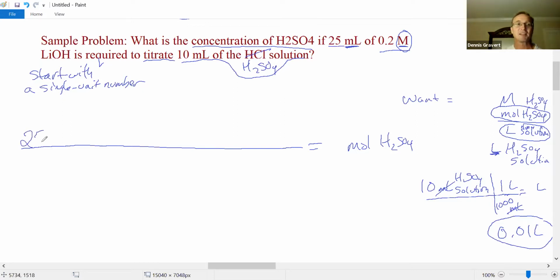Start with 25 milliliters. And what molecule is that describing? It's 25 milliliters of a 0.2 molar lithium hydroxide solution. Okay, found out what to start with, what I'm given, 25 milliliters of lithium hydroxide. What do I want? Moles of sulfuric acid. Next, find conversion factors that change the milliliters into moles and the lithium hydroxide into sulfuric acid.